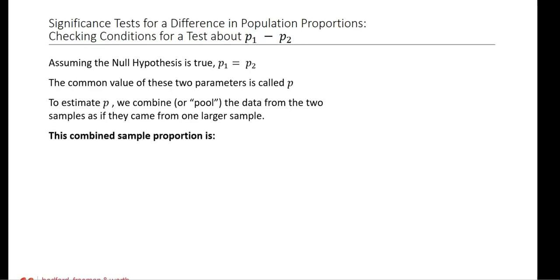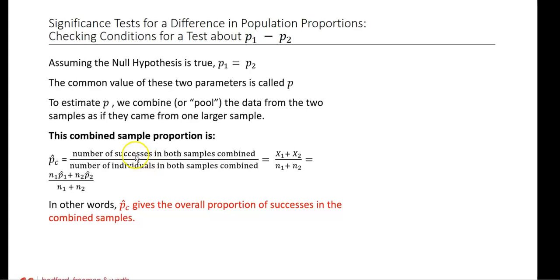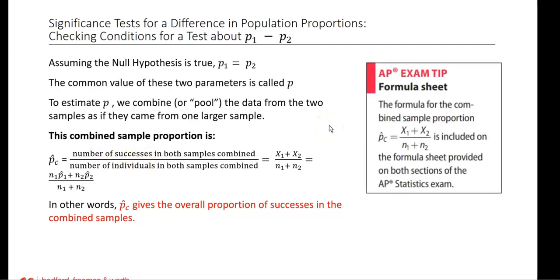So this is a special formula. This is probably the twist with these tests. We only use this pooled or combined value with two proportion Z tests. We only use it then. So this is the formula. Think of this as number of successes on top. It is on the formula sheet there, but successes, so X1 plus X2, successes for accurate orders for McDonald's, successes for accurate orders at Wendy's.